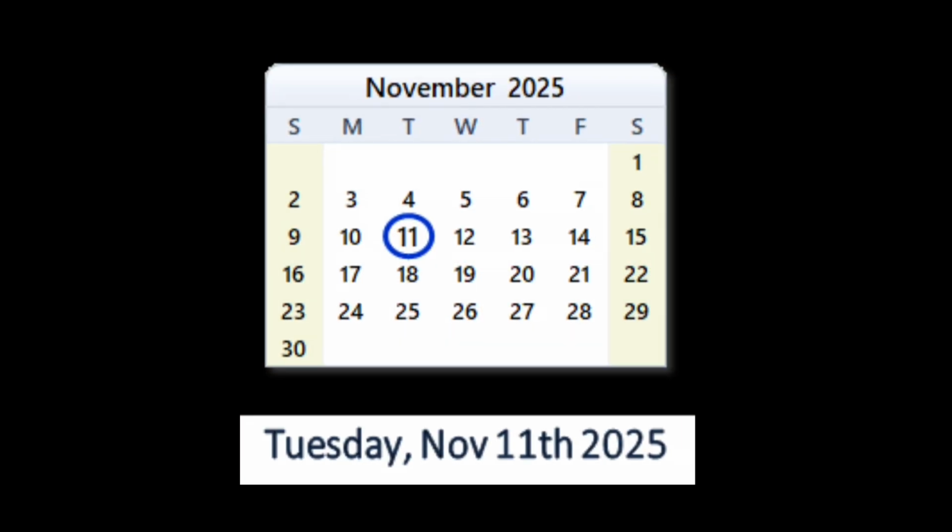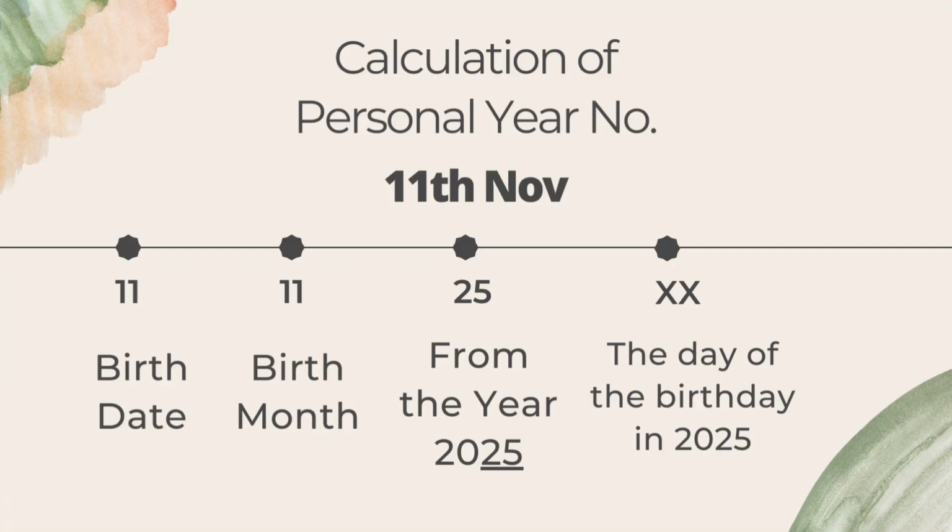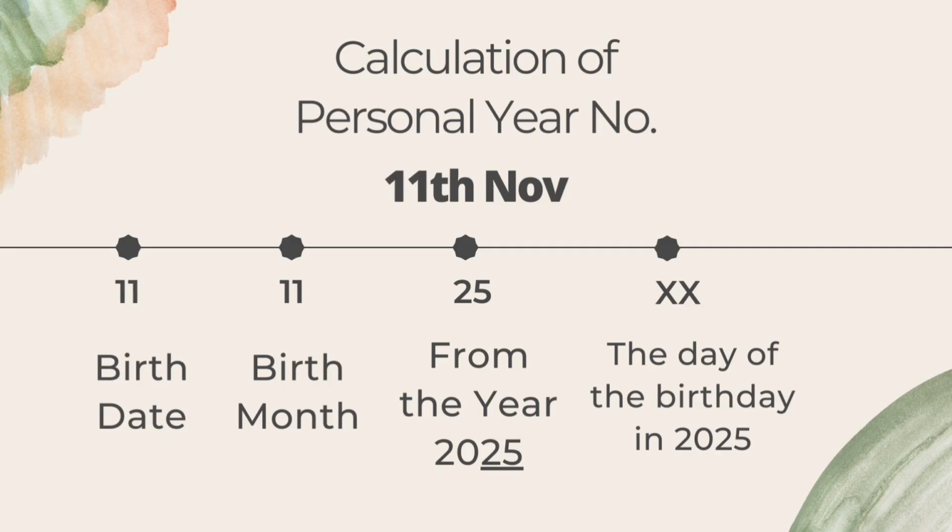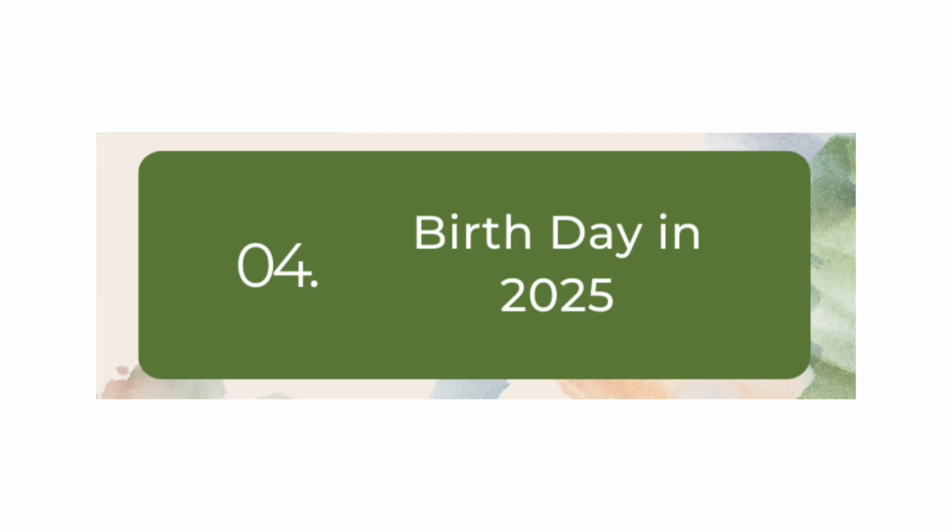this year. So taking an example, if your birthday is coming on 11th November, the first number is 11 from the birth date, the second is 11 from the birth month, plus 25, and plus the day when the birthday is coming in 2025.